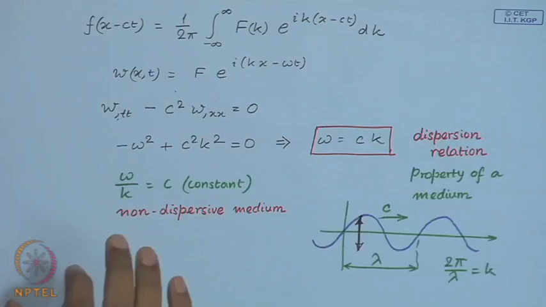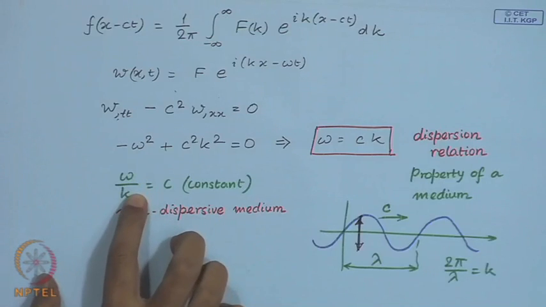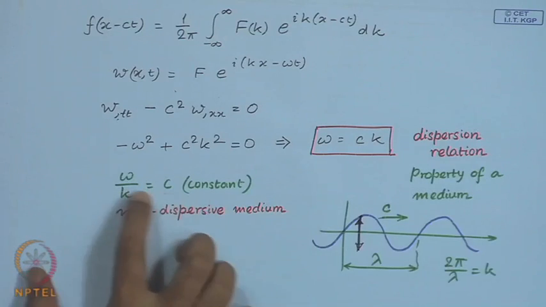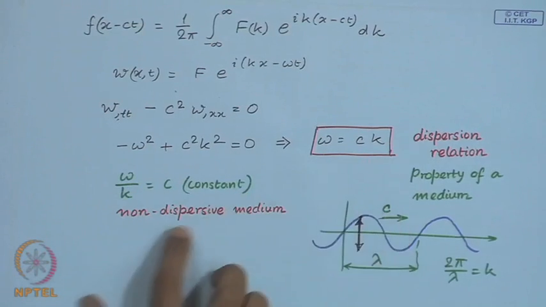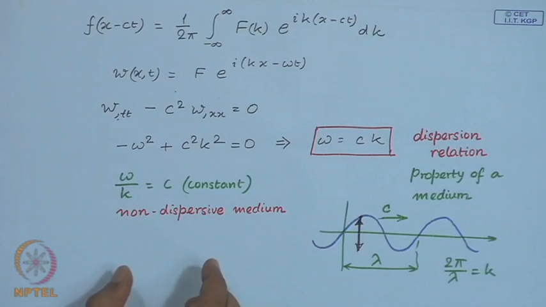So, the medium decides what should be the relation between the wave number and the frequency of a travelling harmonic wave. Now, if this relation is such that omega over k, as you see here, is a constant, it is not a function of either omega or k, then the medium is known as a non-dispersive medium. Now, let us understand what is dispersion briefly.